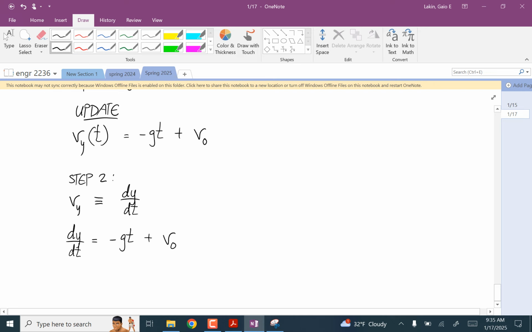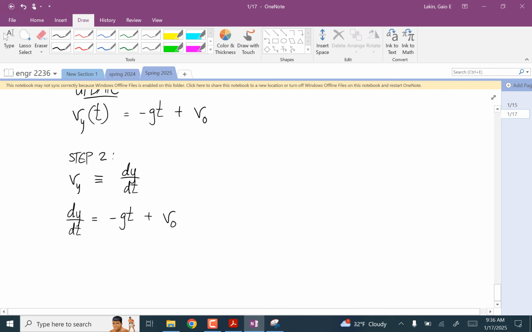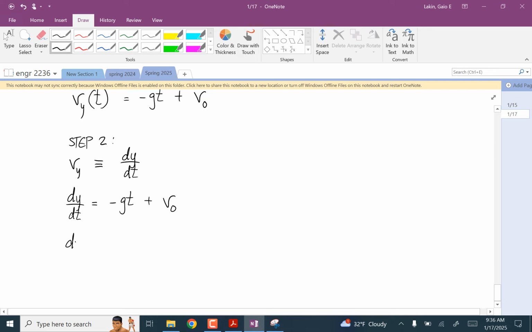We can think of the right side here as a function of y times a function of t. You can think of the function of t as negative gt plus v0. Think of the function of y as 1. And so this gives us dy is equal to negative gt plus v0 dt.